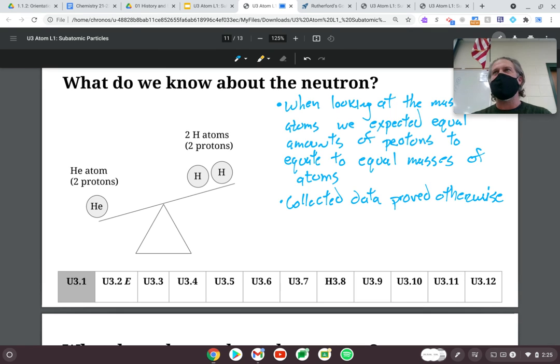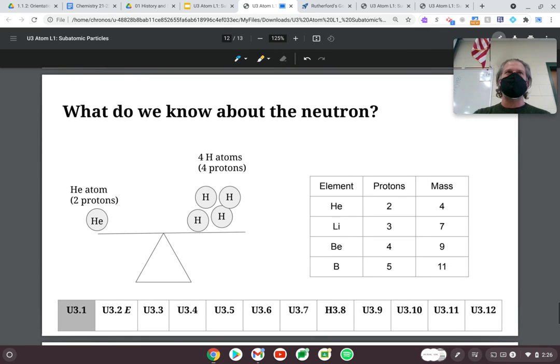Lithium, for example, has 3 protons, but its mass is actually 7 atomic mass units. Helium has 2 protons, but its mass is 4 atomic mass units. So this information said that there had to be another particle that had some mass, and that particle could not have a charge.